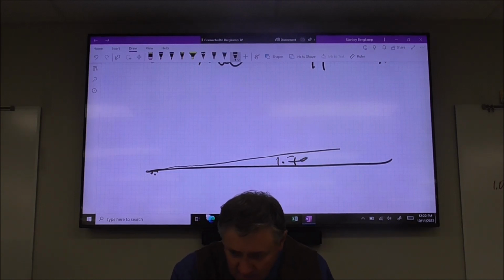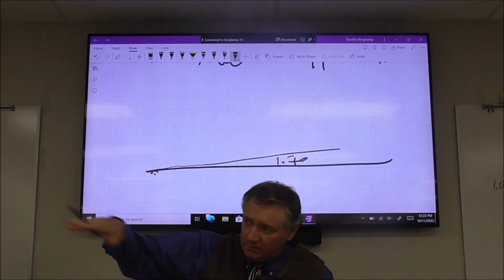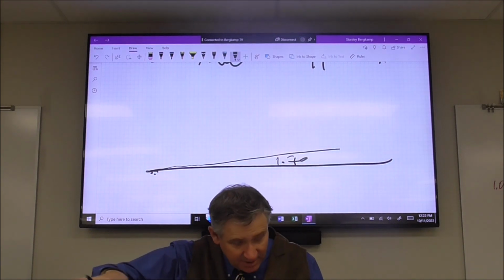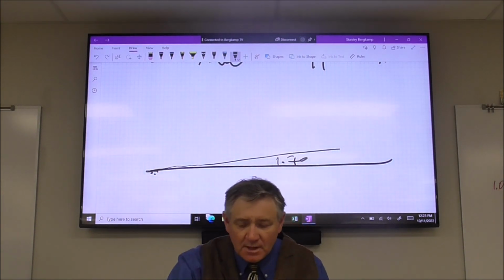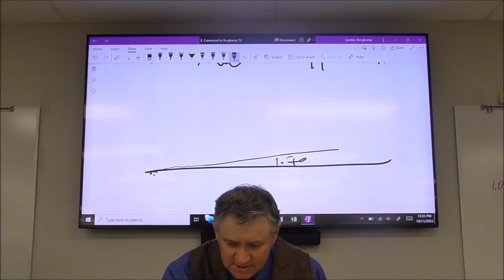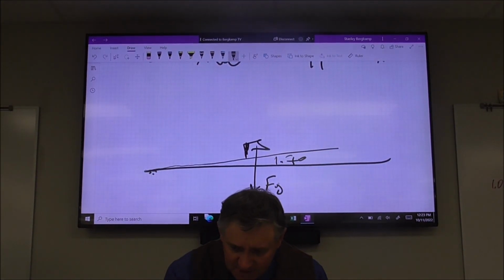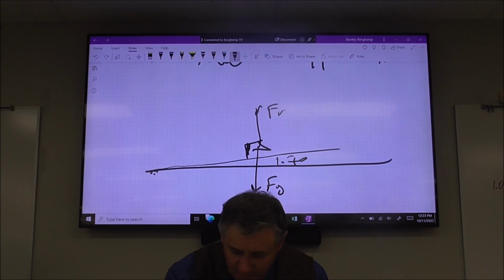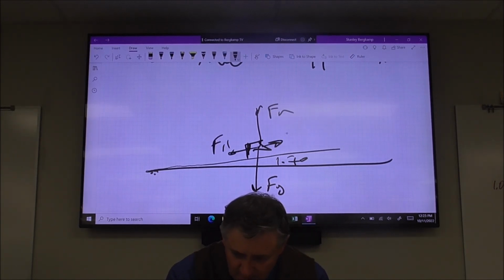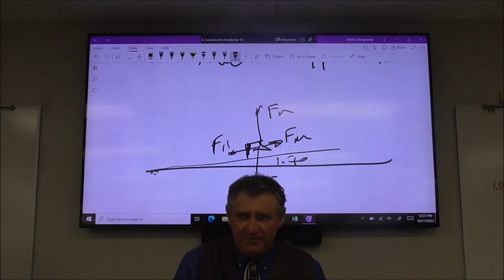So that's going to be a pretty shallow angle. Not flat, but it's not bad. So you can just draw your cart, and you're going to have your FG, your force normal, your force parallel, and your force from the magnet mafia.